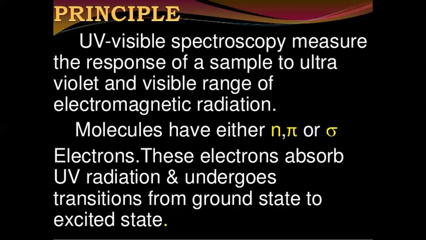That is UV visible spectroscopy. This is observed generally in molecules which have n, pi, sigma electrons. These electrons absorb UV radiation and undergo transitions from the ground state to the excited state.